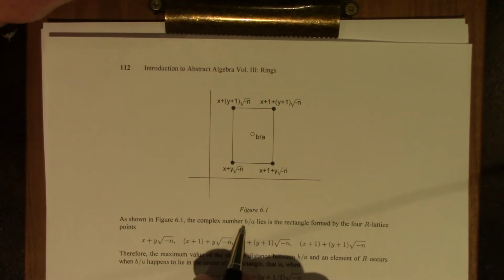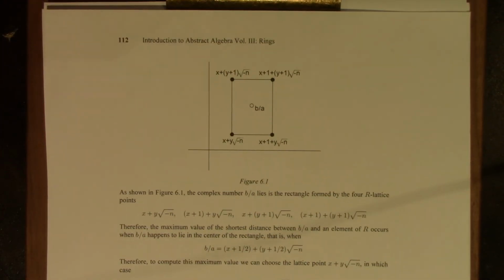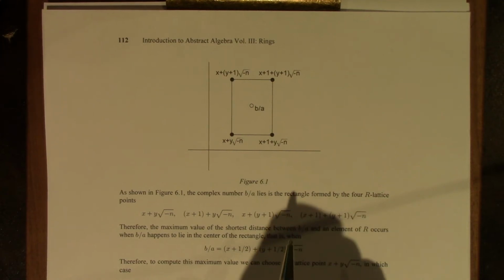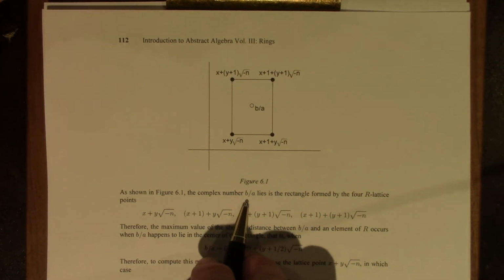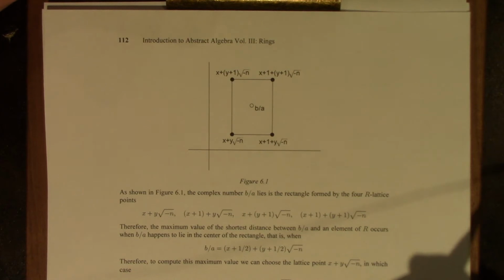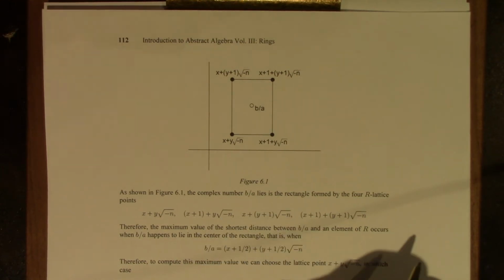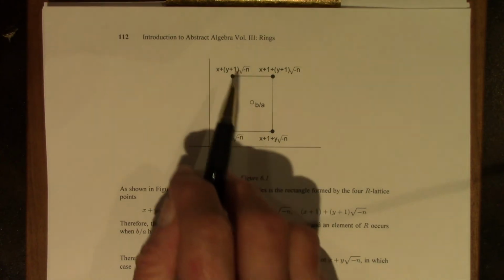the complex number b over a, if we're just looking in the complex plane now, not just in the integral domain or quadratic domain, the complex number b over a lies in one of the rectangles, could be on the edge, that's formed by 4 R lattice points.